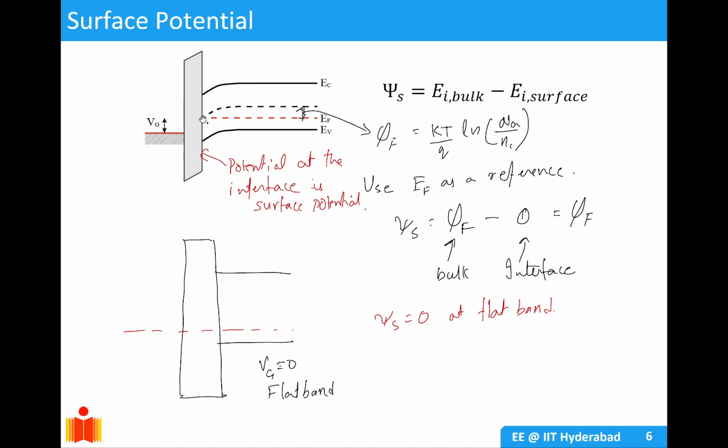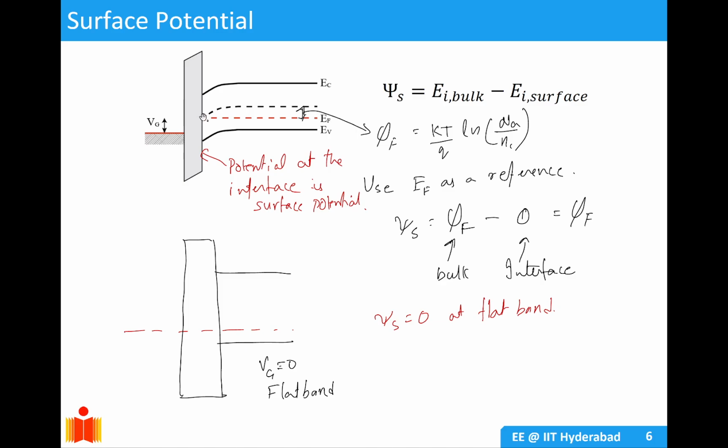So by this you can also calculate your psi s at the threshold. The threshold is the point when your EF and Ei meet at the interface.